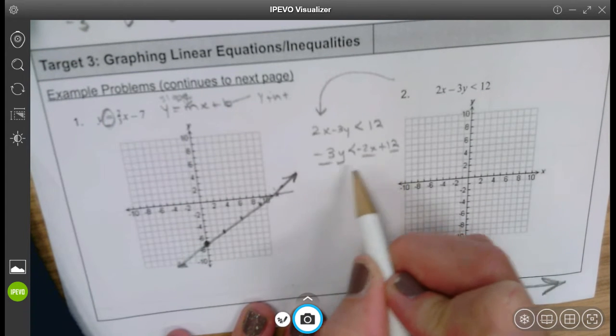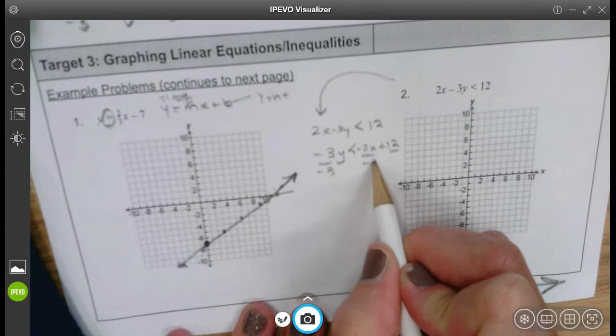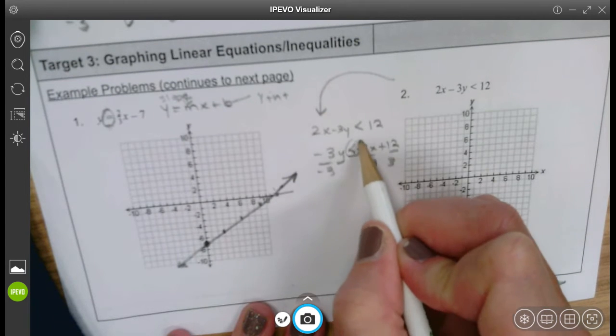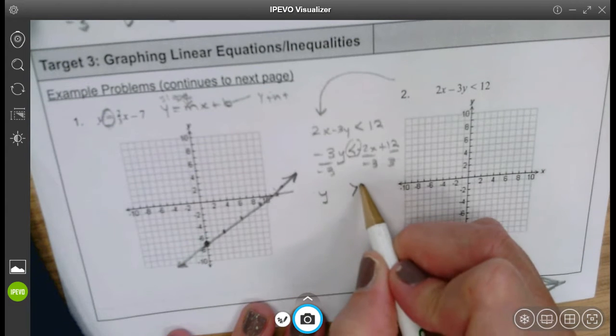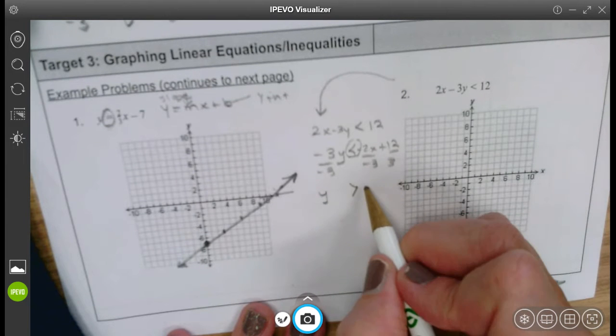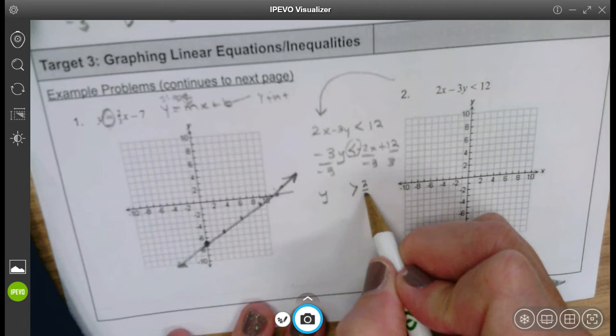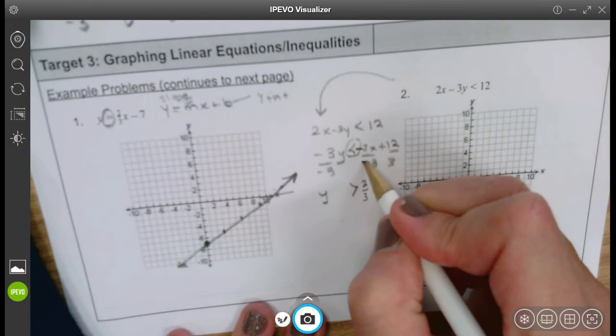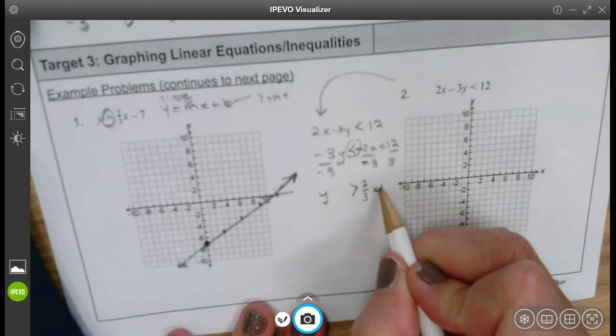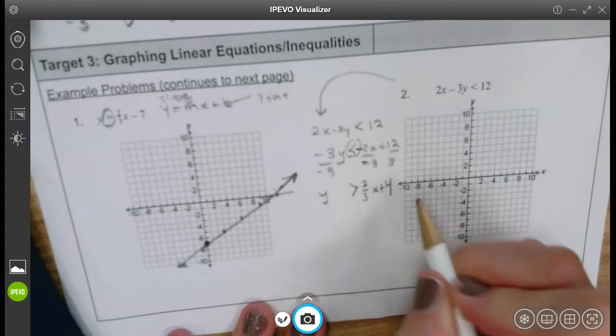Divide, divide, divide by negative, by negative, by negative. The minute I do that, I have to flip that around. So y is less than, we now have positive 2/3 x. There was a negative there, there was a negative there. And then this is 12 divided by 3 is 4.